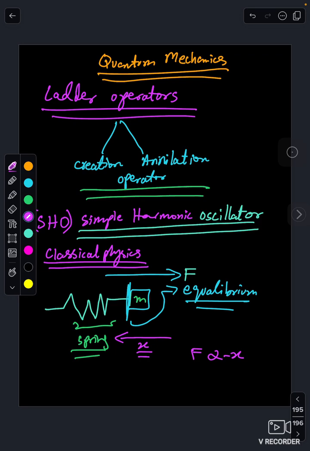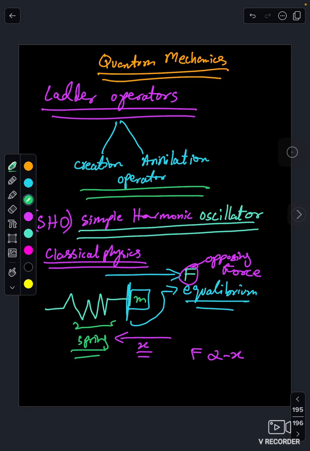When we move this mass by position x from its original position or equilibrium point, it will have a resistive force. This force is an opposing force.